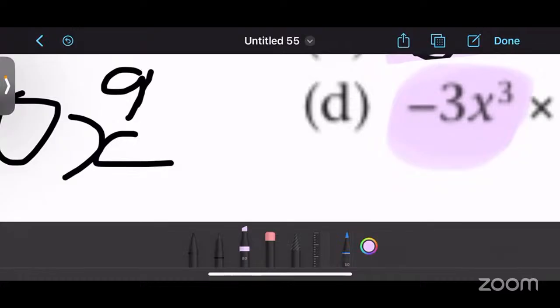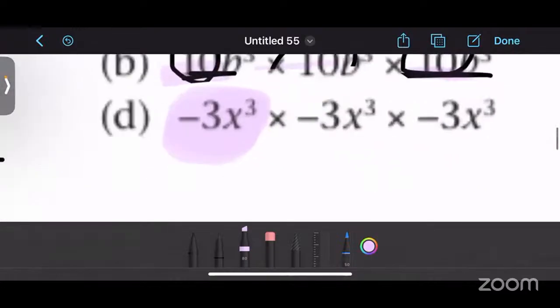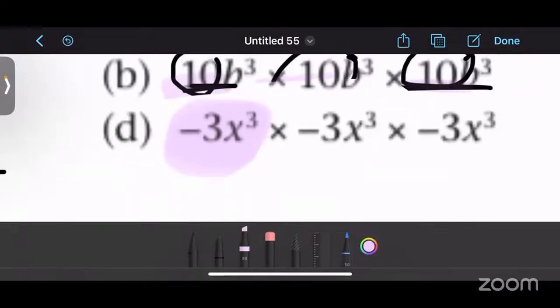So -3 and the x. When we are multiplying all these that have the same base, how are we going to answer this? We are going to multiply the exponents, then we'll get the answer.